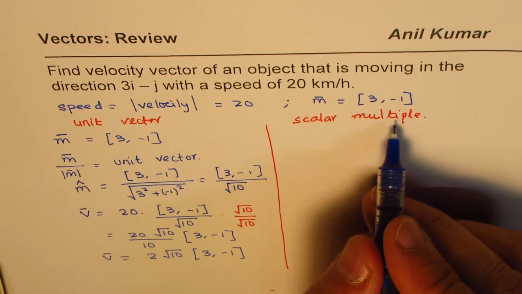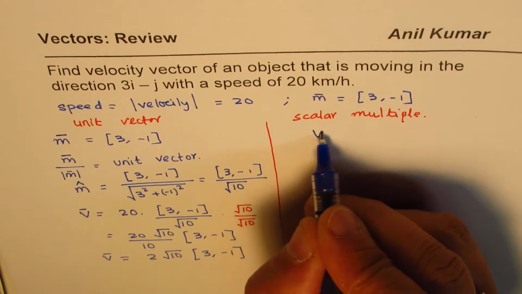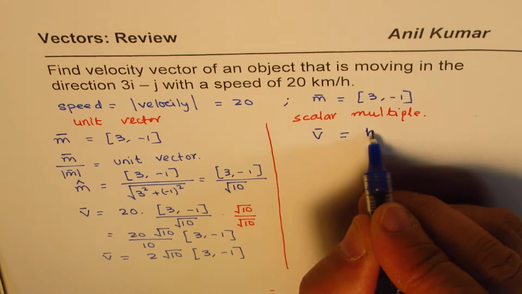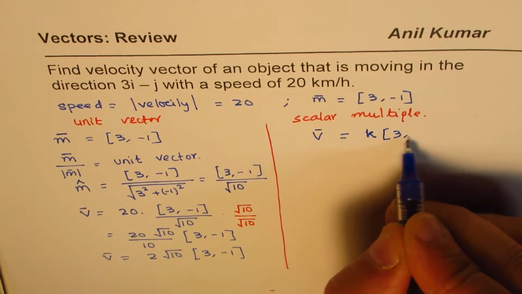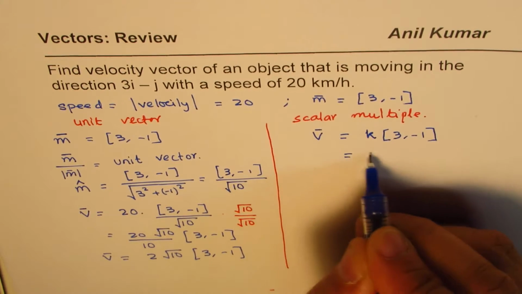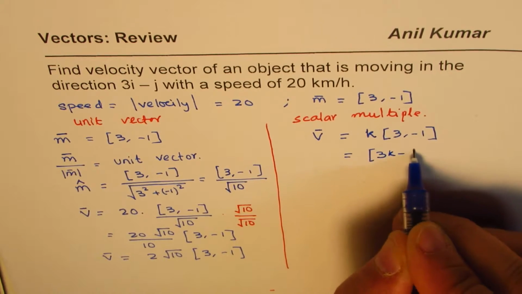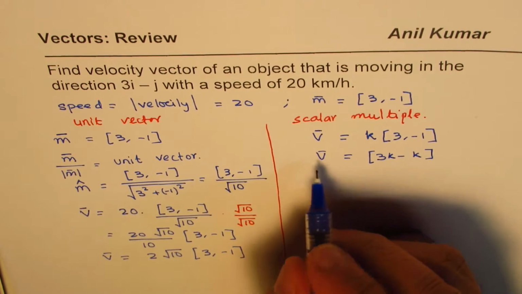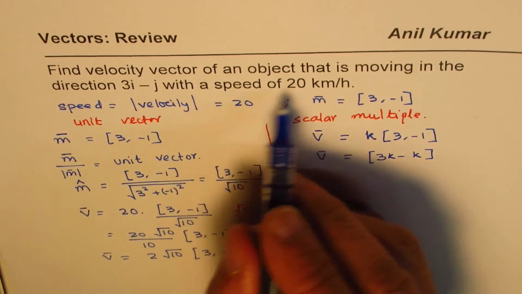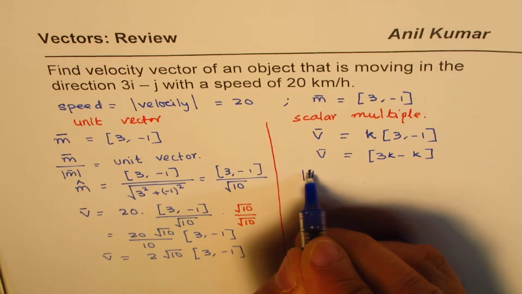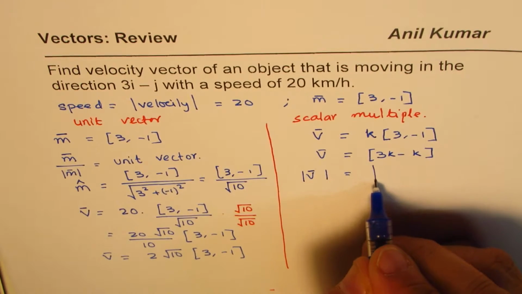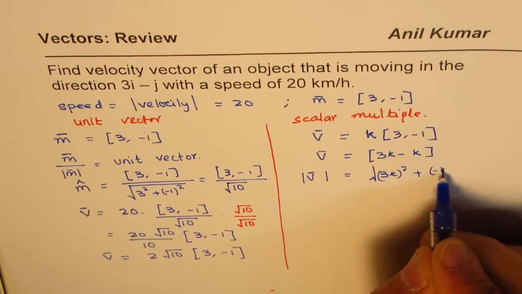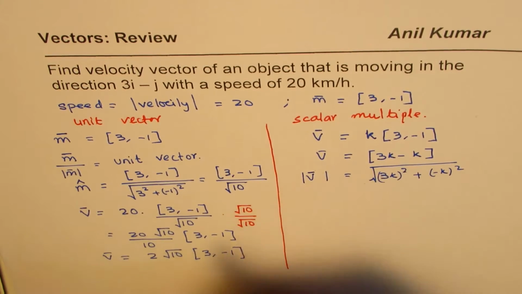Now with the scalar multiple, we can say that the velocity is a scalar multiple of this direction. So let this be k times (3, -1), or I could write this as (3k, -k). That is my velocity. Since I want the magnitude of this velocity to be 20, the magnitude of velocity is the square root of (3k) squared plus (-k) squared.